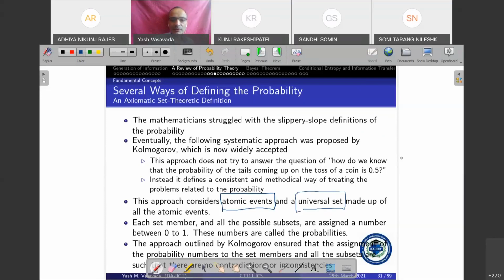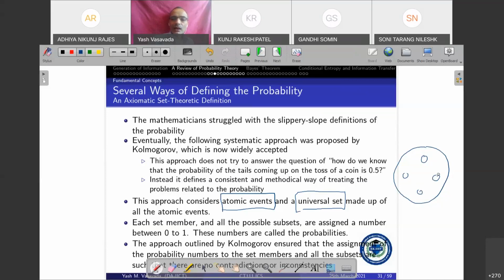That is what he said. So let us picturize this, visualize this. So this is the universal set. And maybe atomic events would be like this, little dots inside. In this case, there are 4 atomic events. Right?